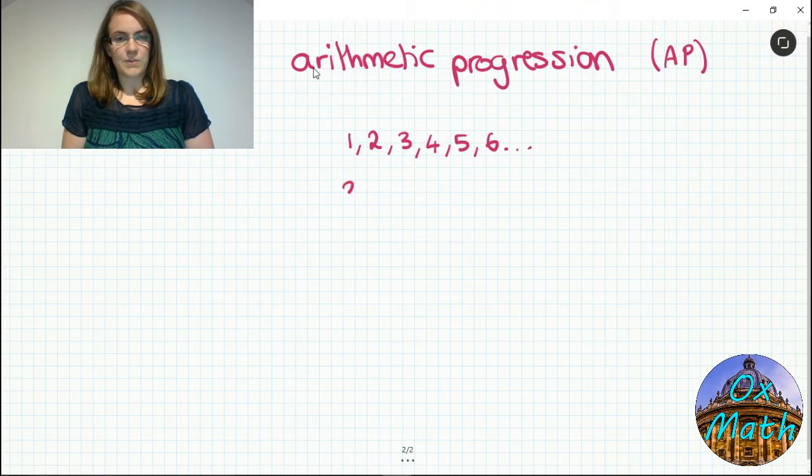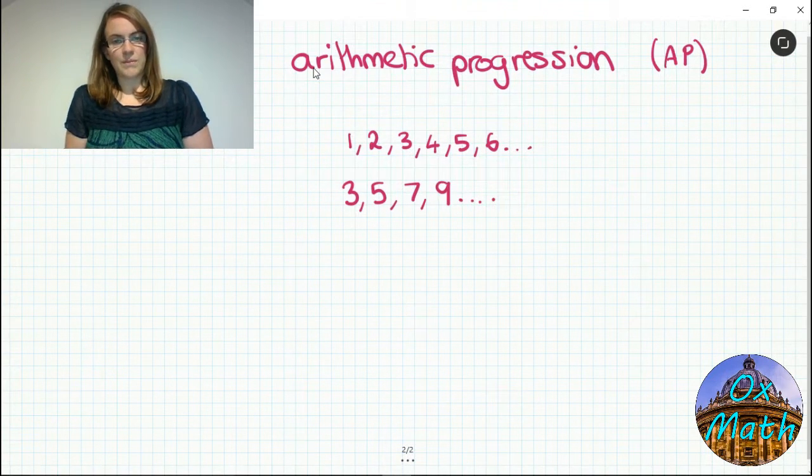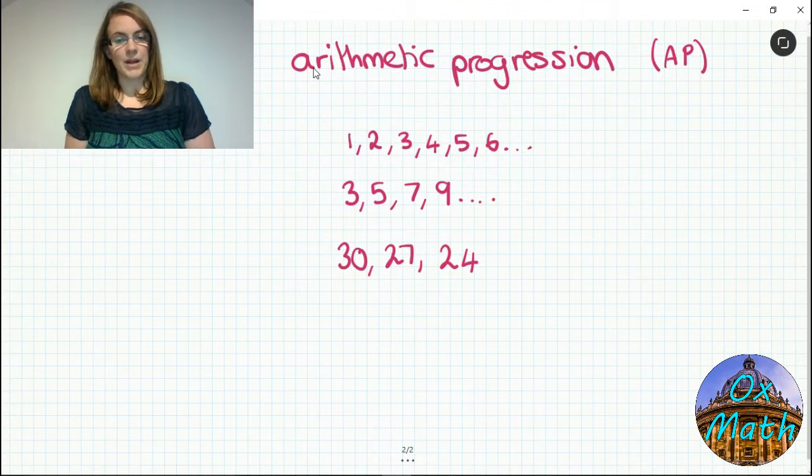If I started with 3, 5, 7, 9, we know that we're adding 2 each time, so my next term would be 11, then 13, and so on. You could also start higher, and your numbers can go down. So this time we are going down in 3s, or adding -3 each time, and we can continue on forever.